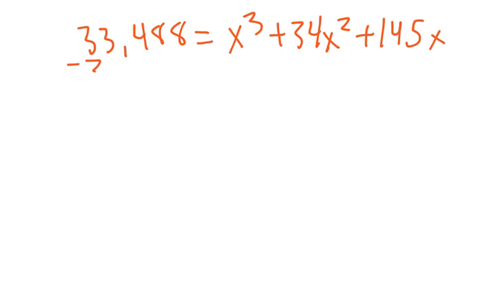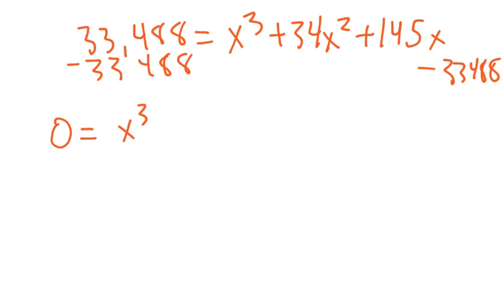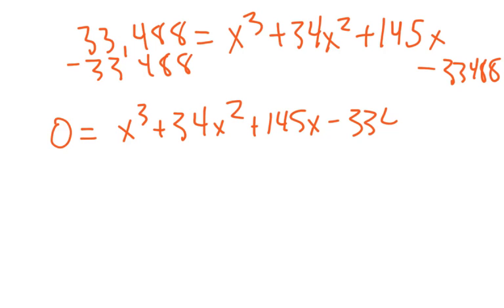Okay, so what we need to do is get this number, we'd subtract it from both sides. So we'd end up with 0 equals x cubed plus 34x squared plus 145x minus this. Now, we could try to do synthetic division, but we don't know what one of our roots is.